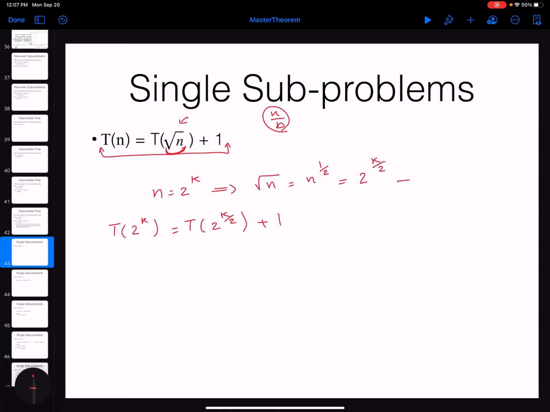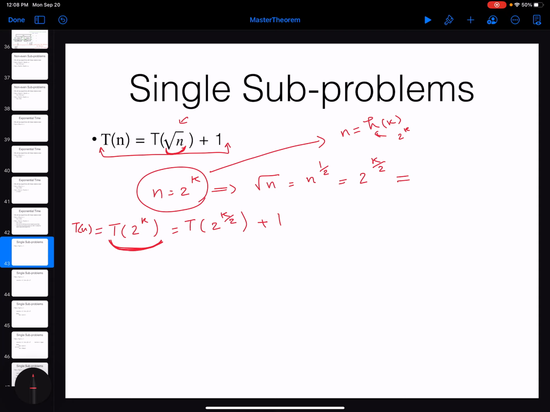Based on the definition that I wrote here, I can say that n is some function of k, where this function is going to be 2 to the power k, okay? So this one is not T of k, in fact it is going to be T of n, right?